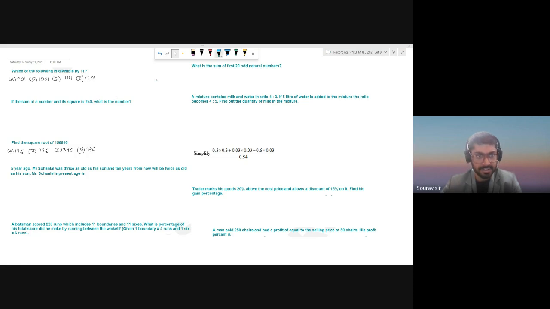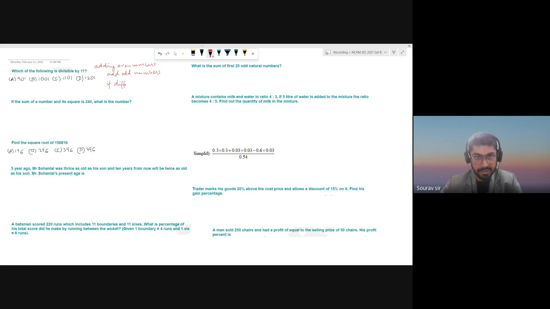Starting with the first question, which of the following is divisible by 11? The divisibility by 11 is checked by adding alternate numbers. It's better to say you add even numbers and add odd numbers, then check the difference.